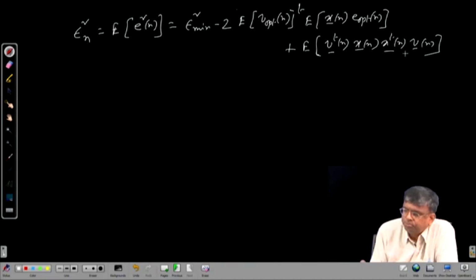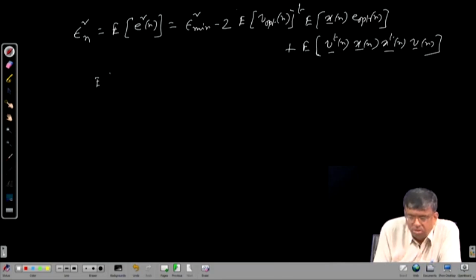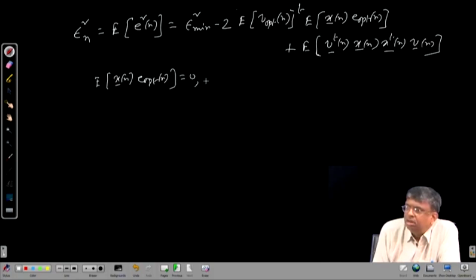All right. Now, consider this term, x n E of 10. We know this should be 0. The vector times a scalar, so the scalar times every component, and this is 0, because under the optimality condition we have seen the current optimal error is orthogonal to, that is uncorrelated with, each component of x n.